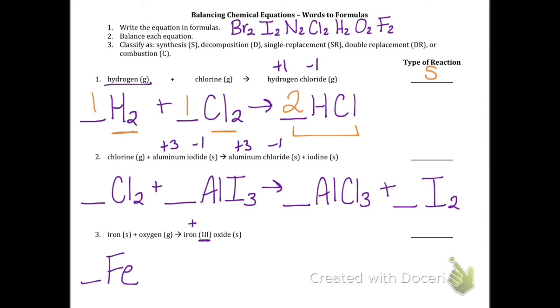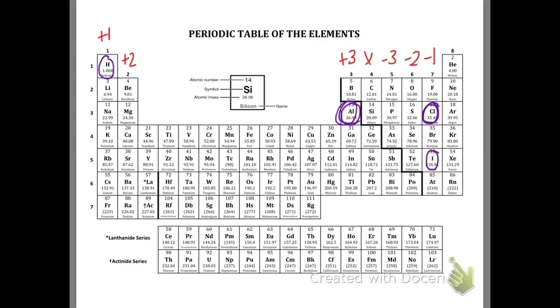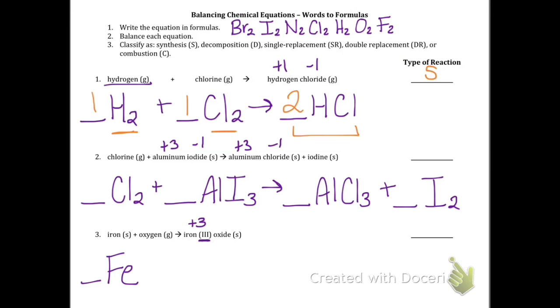And the Roman numeral 3 tells you how many electrons it lost. Oxide is oxygen. So if you look at the oxygen right here, you'll see that it is -2. So here are the charges, and you can determine how many of each you need. So I would fill out the rest of this page and then get it checked by the teacher.